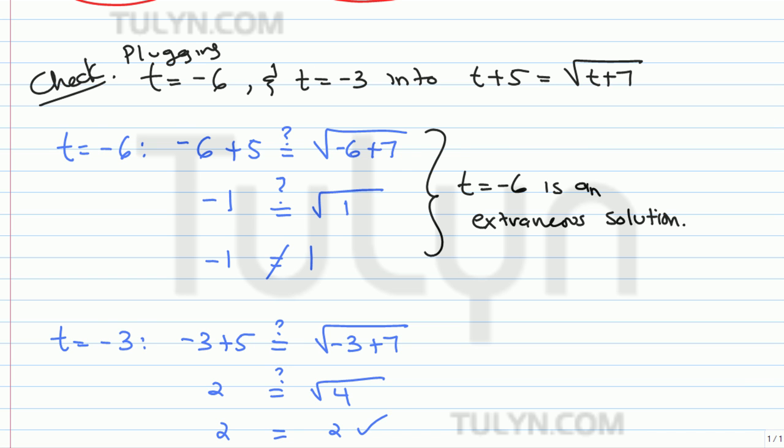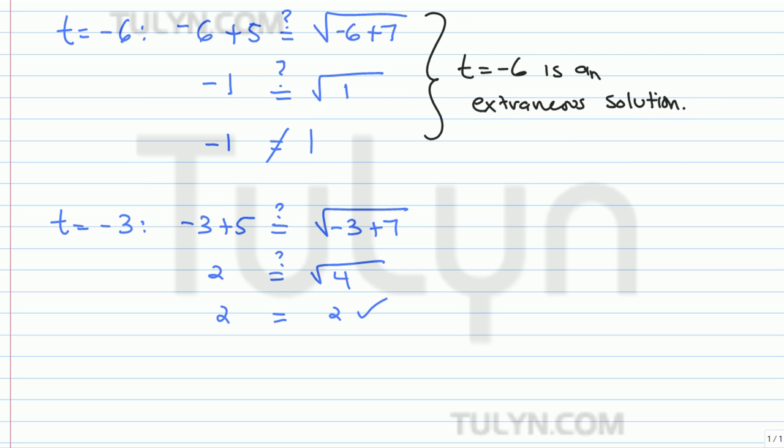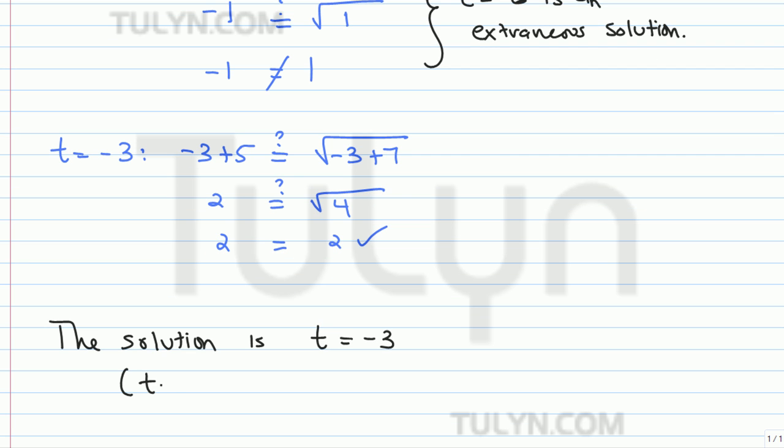So this solution checks out. So what you want to write at the end is the solution is t is equal to negative 3. And if you want to add as a sort of side note, t equals negative 6 is an extraneous solution. And there we go.